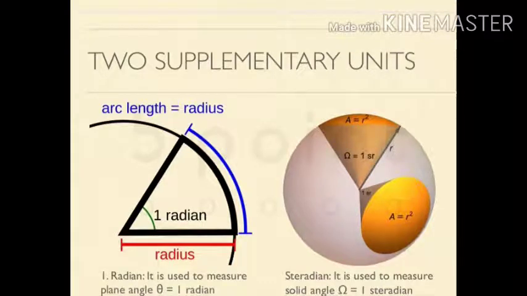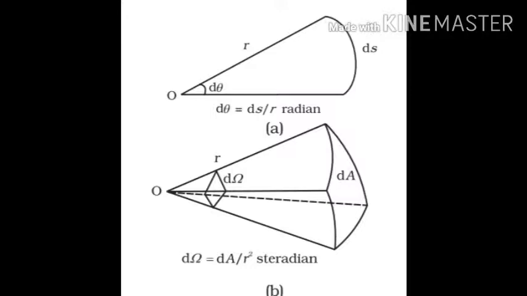Now we will learn about angle and solid angle and how we can measure them. A plane angle, with a unit of radian, is defined by d theta as the ratio of the length of arc ds, as shown in the figure, to the radius r.